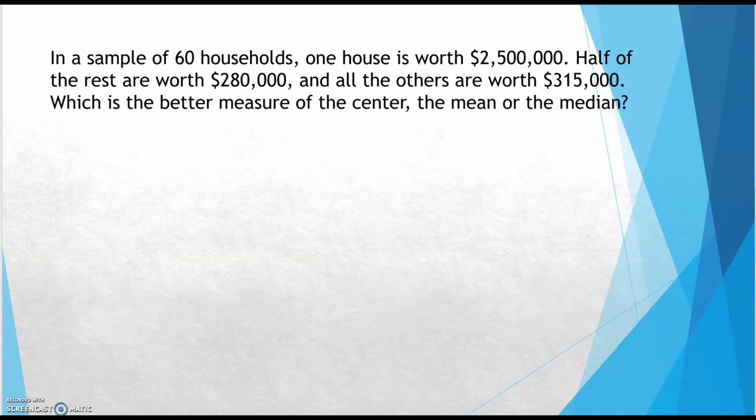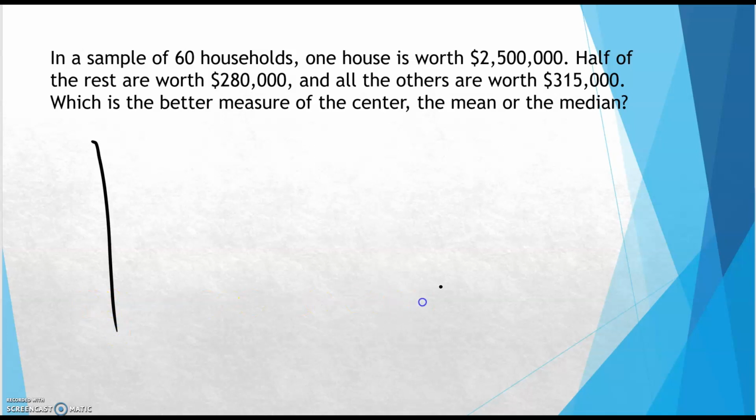So if we look at this one, in a sample of 60 households, one house is worth 2.5 million. Half of the rest are worth 280,000, and all the others are worth 315,000. Which is a better measure of center, the mean or the median? We could draw this out.